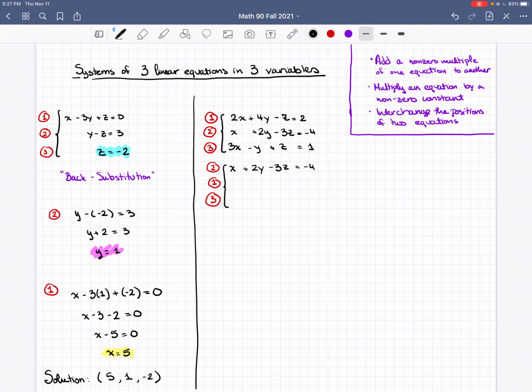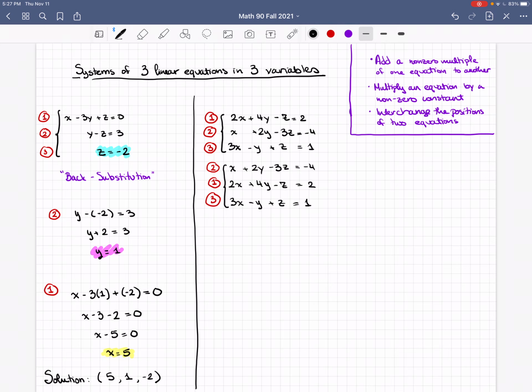Okay, there it is. Here is my first equation, rewritten but now in the second position. And then I've left my third equation alone. Oops. It's important to recopy it correctly, huh? Minus y plus z equals 1.